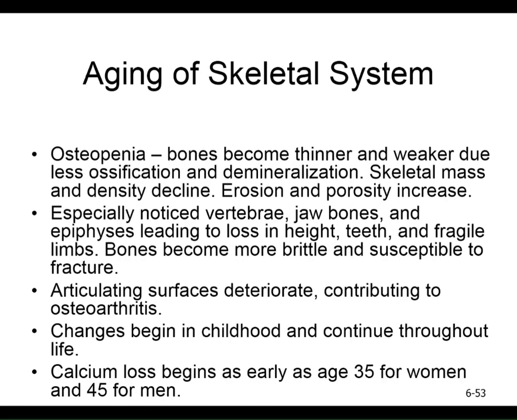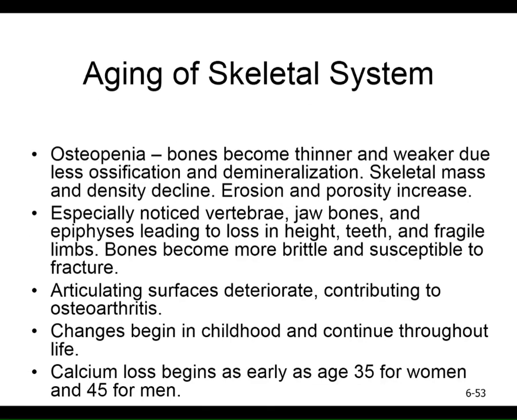The bones get a little weaker, they become thinner, they're more likely to break, they become less ossified and demineralized, meaning they lose some of that calcium and phosphate deposit. The mass decreases, and sometimes that is referred to as osteoporosis, when the size of the spaces becomes more porous. And osteoporosis is happening not in the compact bone on the outside, but mostly in the spongy bone on the inside.